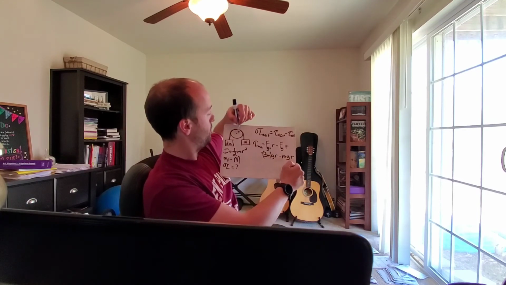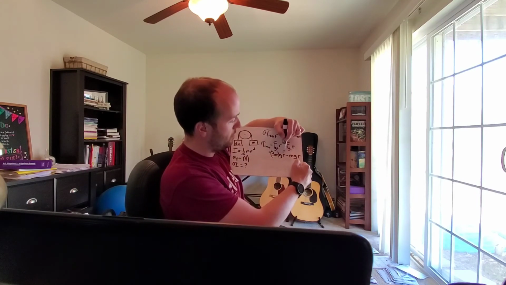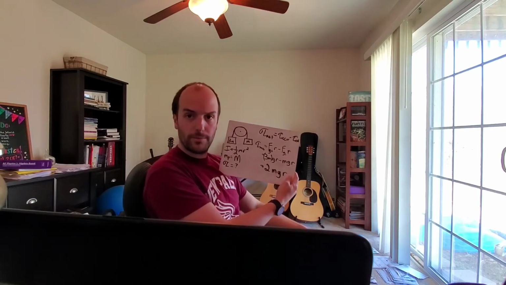Now, simplifying that out, we have 3mgr minus 1mgr, which yields 2 times lowercase m times g times r. And there is our expression for our net torque.